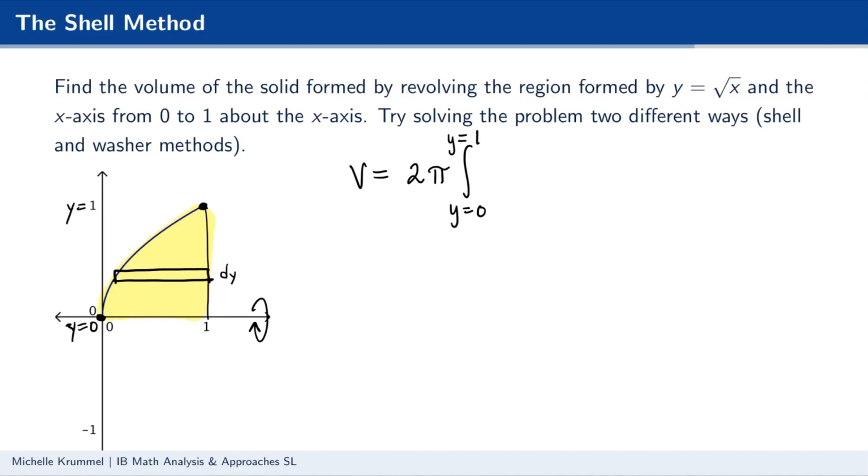And then I need to sketch my cylinder. So I'm going to rotate my rectangle across the axis of rotation and draw the cylinder. So this time it is oriented this way. And now I need the radius of my cylinder. The radius is going to be this distance right here.